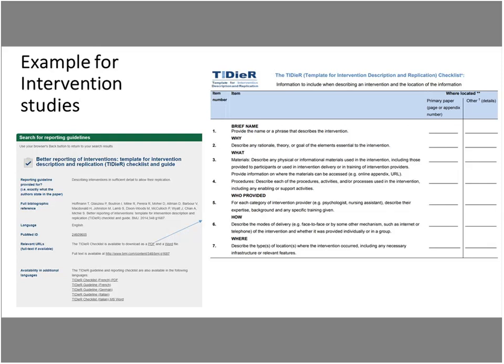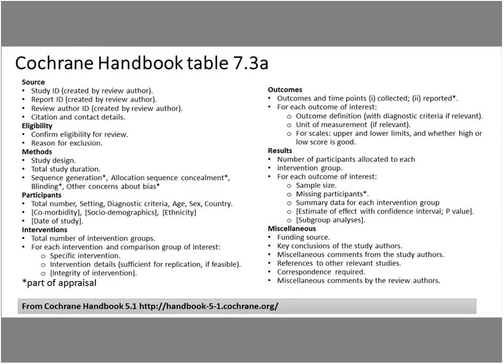I like how Cochran breaks it down, and so this is from the Cochran Handbook, their table 7.3a. These are the things that they ask reviewers to collect on each study. At the beginning, it's who are you and which study are you coding?